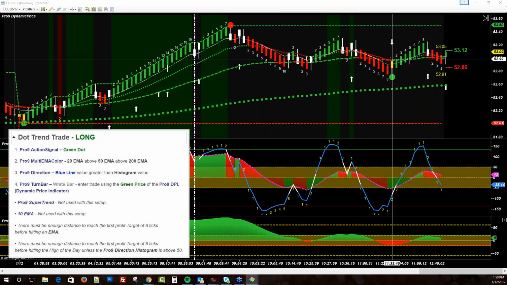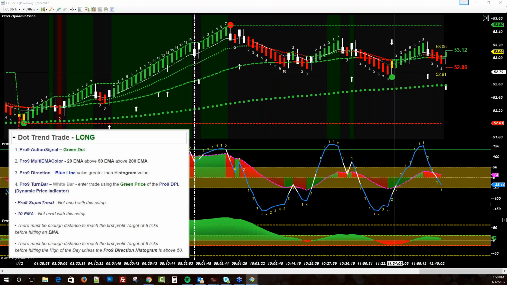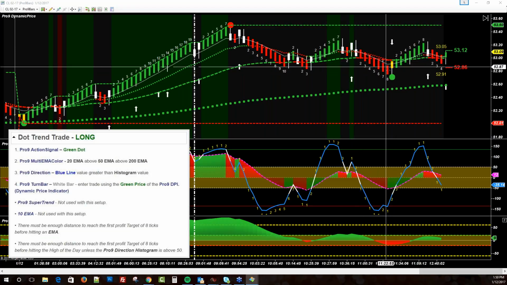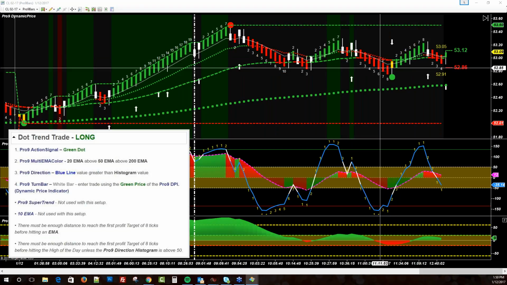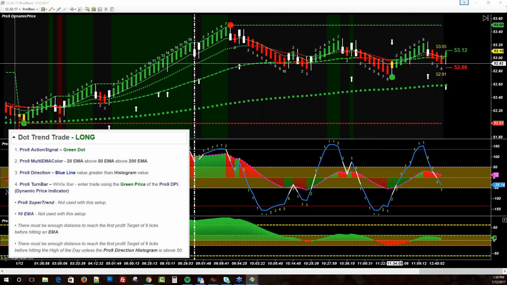But the dot trend is when we're not looking for the 10 to be in the correct order. So you'll often see the 10 in between these other EMAs. And you can see there's a short downtrend here. The EMAs kind of get pinched together, and then they're going to spring out.